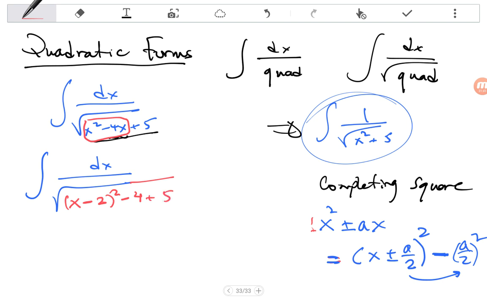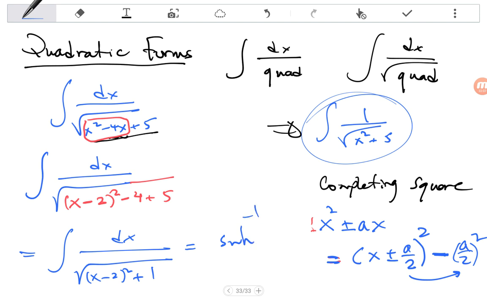So that expression will be integration of dx over root of (x minus 2) all squared plus 1. This is just an expression that I've learned before, but a linear bracket is taking the place of x. That will be the expression for sine inverse, that is sine inverse of (x minus 2) over 1.